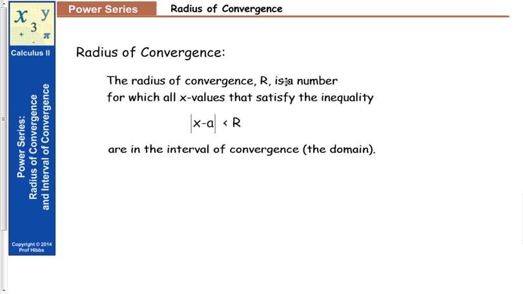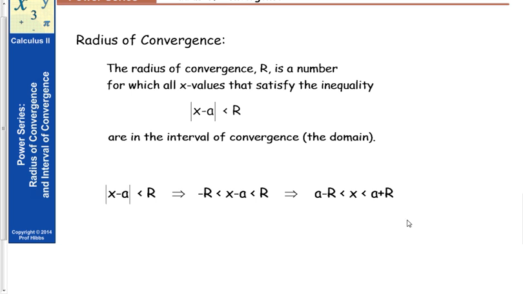We indicate the radius of convergence by a capital letter R, and it's a number for which all x values that satisfy the inequality, absolute value of x minus a is less than R, are in the interval of convergence, or in the domain of the power series.